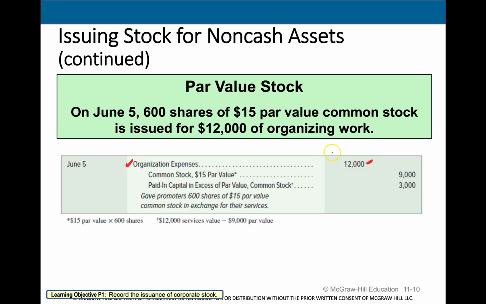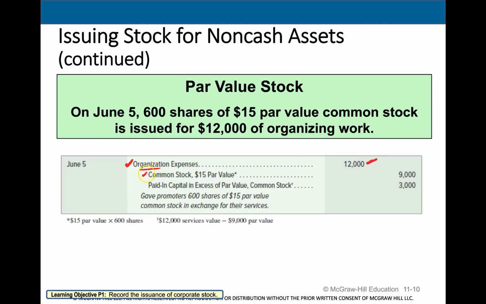debit legal expense. So just when you're issuing stock for a non-cash asset, it doesn't necessarily mean it's a balance sheet asset. It's just something that we have received in exchange for that stock that's not cash. So we're going to debit organization expenses for $12,000.